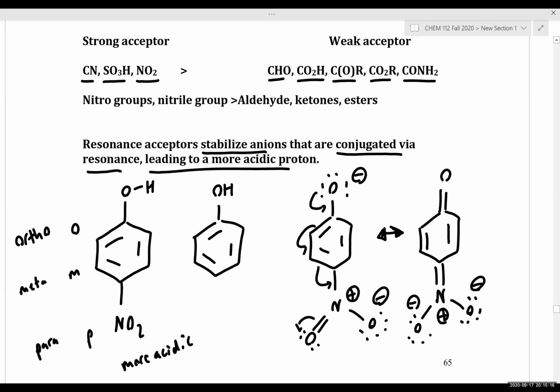Does that make sense to everyone? Does everyone see how this nitro group can readily stabilize our anion? Now, resonance effects are more pronounced when you can directly delocalize your anion into the resonance withdrawing group. So let's keep going now.